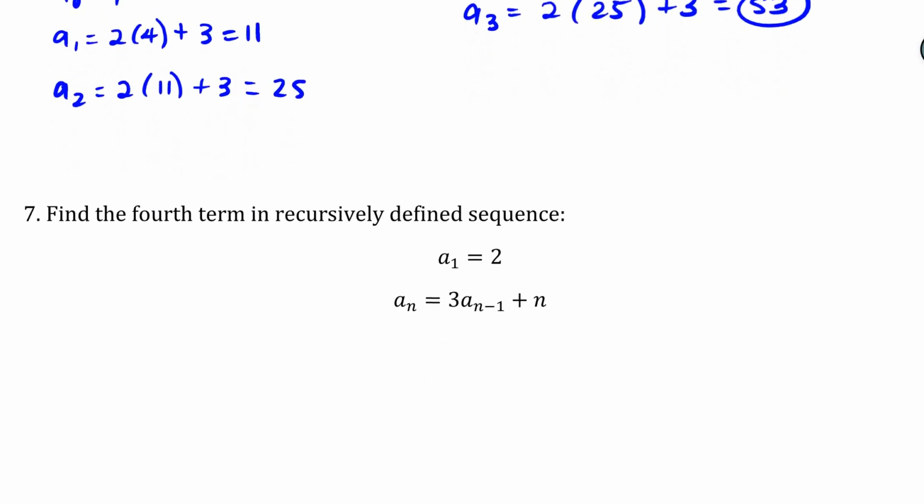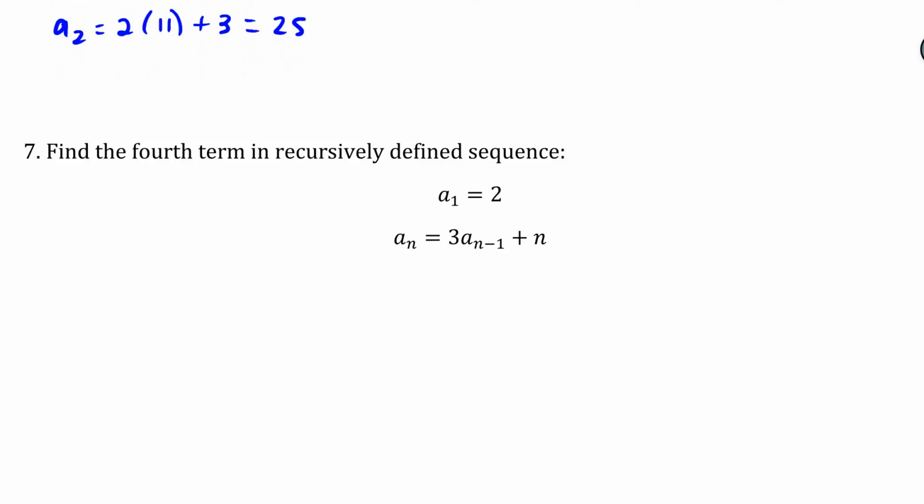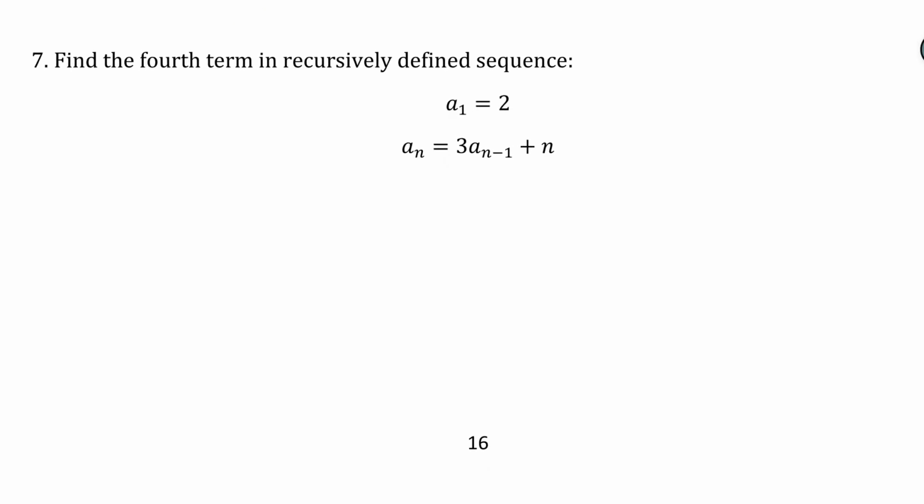Number 7 says to find the fourth term of the recursively defined sequence. So again, they give us the first term, a sub 1 equals 2. To find a sub 2, we need to know a sub 1. So we're going to take 3 times the previous term plus n. In this case, n is 2.